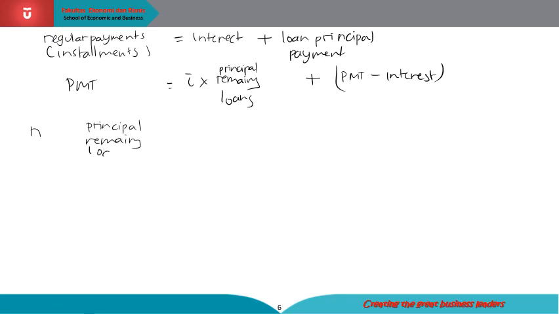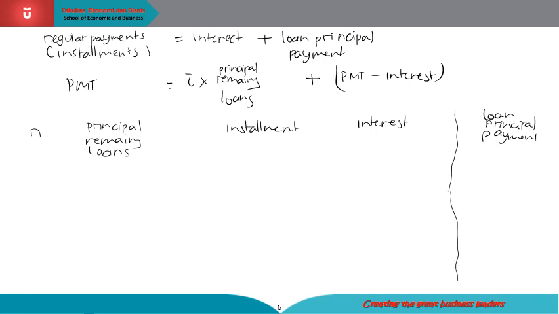Consider it as remaining loans, and here is the installment or the PMT, and here is the interest, and here is the loan principal payments. Okay, so let's make a line over here. This is also a line here. Wait, it's just too big.